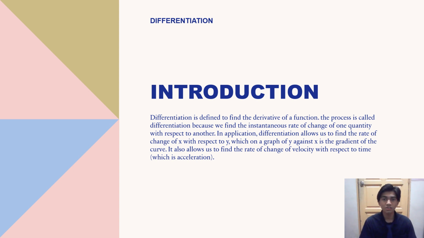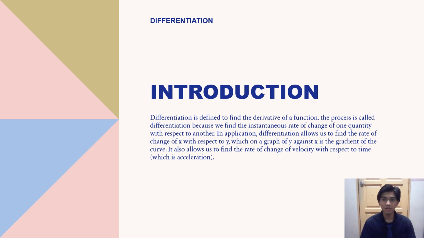Differentiation is defined as finding the derivative of a function. The process is called differentiation because we find the instantaneous rate of change of one quantity with respect to another.